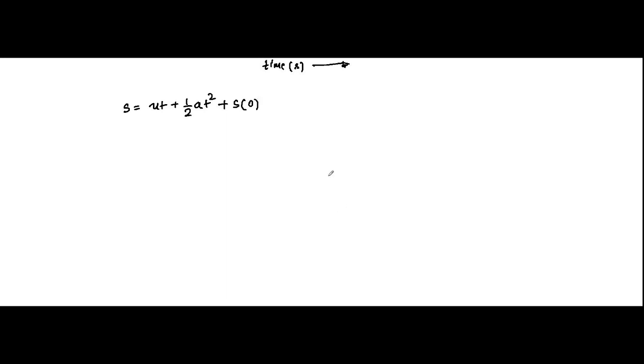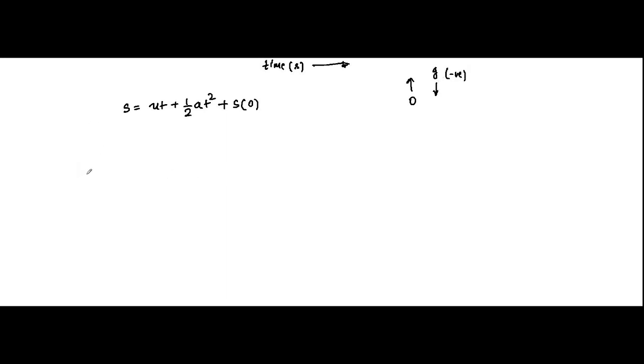Since the stones are thrown upwards, and gravity is acting downwards, it will oppose the motion, so it will become negative.